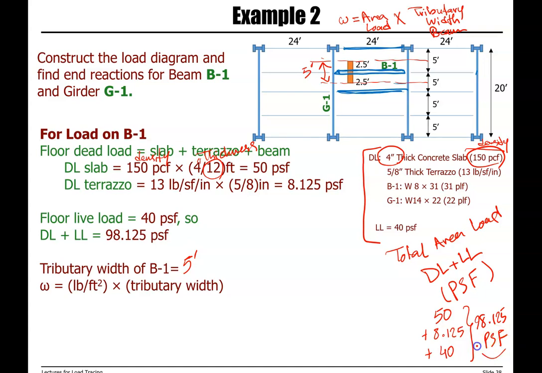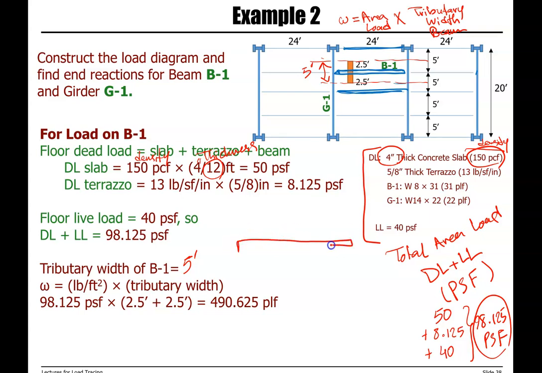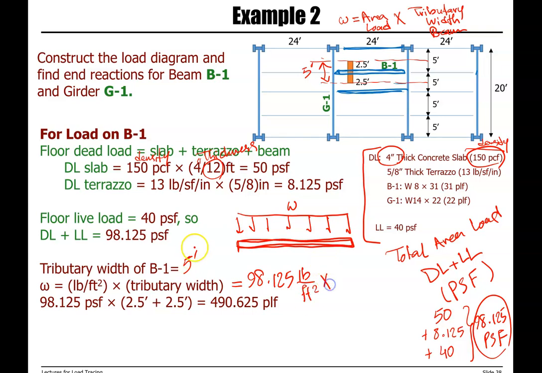So the total area load is 98.125. Tributary width is 5 feet. We can calculate the load on beam B1. So for beam B1, w here is area load, 98.125 pounds per unit area, times tributary width.